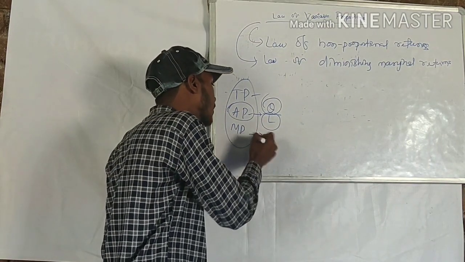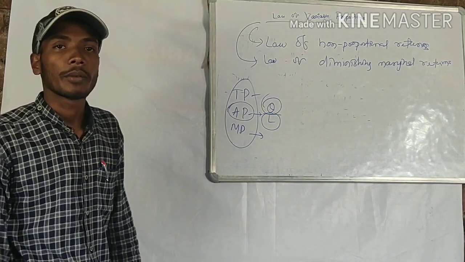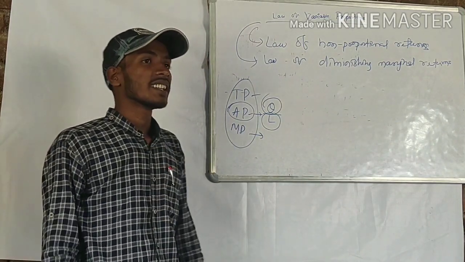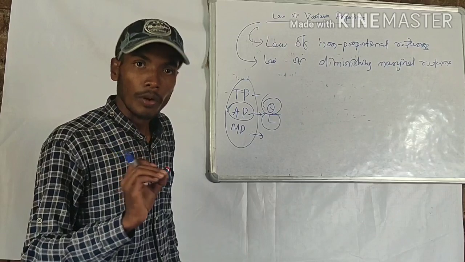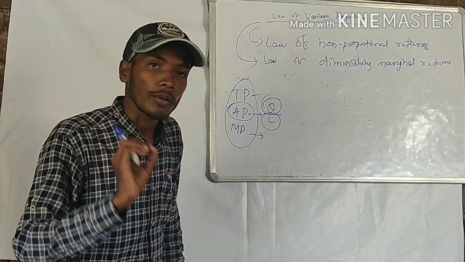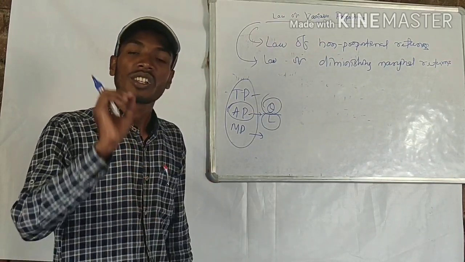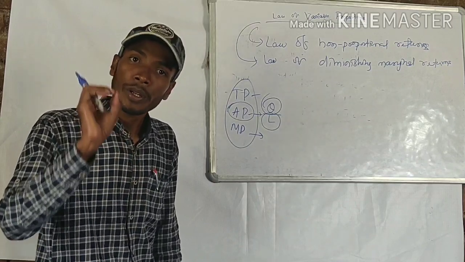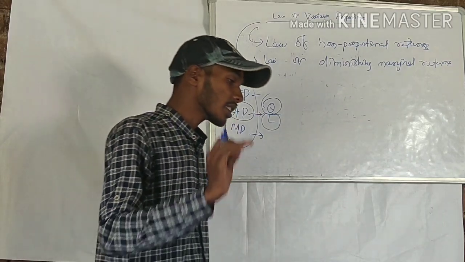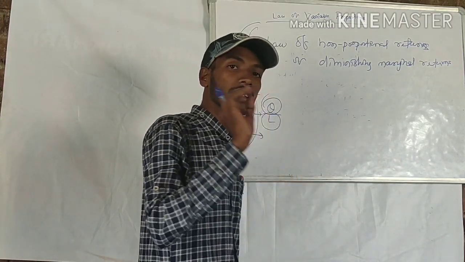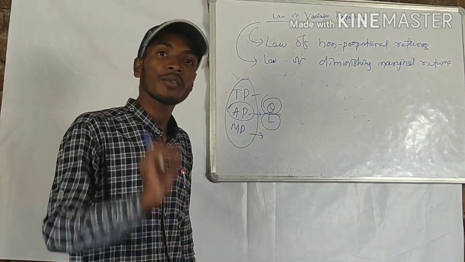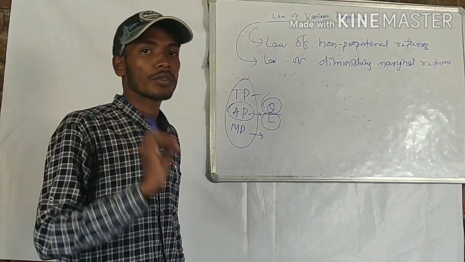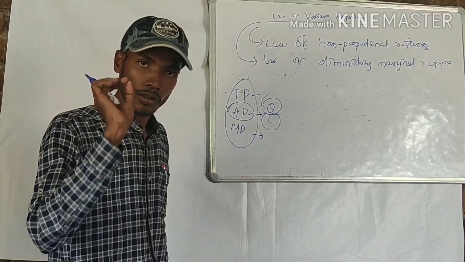Then we come to the marginal product. Marginal product means the change in the total product, the change in the total output with respect to the change in the level of input. Understand this? Suppose L is the amount of labor.